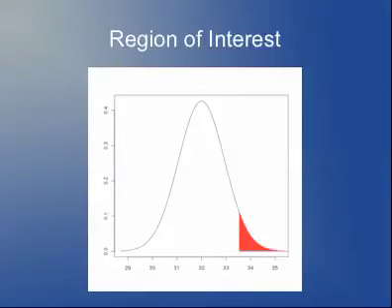So if we get values within the 5% extreme right of this bell curve, then we'll reject our null hypothesis. Does that make sense? Any clarification needed there? Okay, I'll keep going. I know this can be kind of tricky with the rejection region, because I struggled with that too when I first learned statistics.